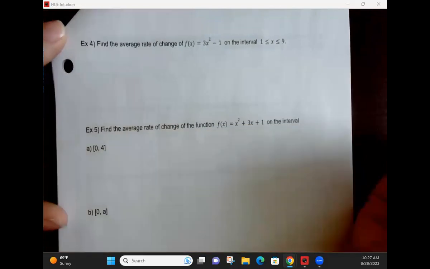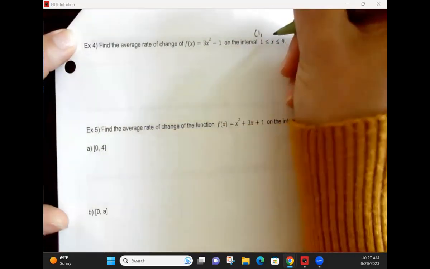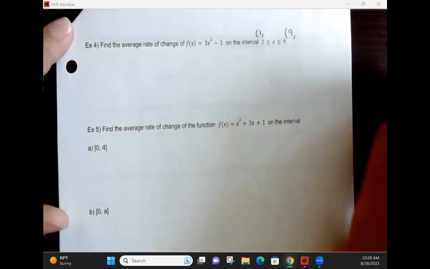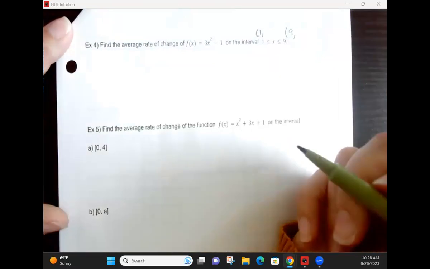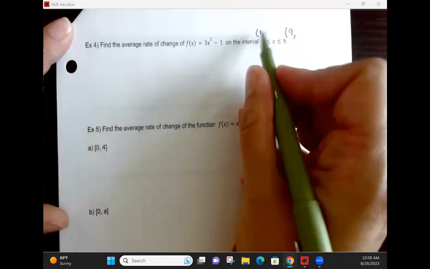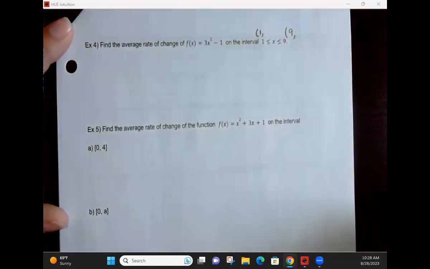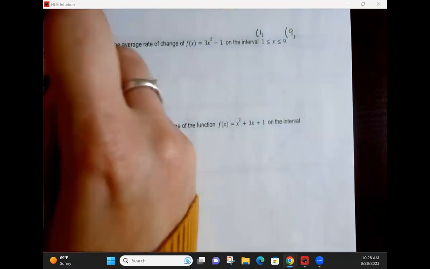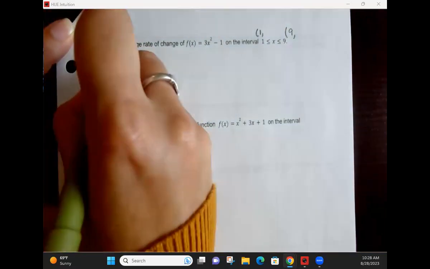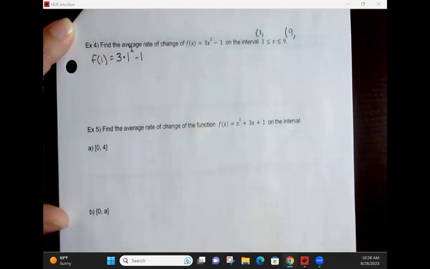Okay. I'm going to start by finding what those points would be. So 1, what, and 9, what. In order to figure out what those points would be, I need to use my function here. So I'm going to take my x values and plug them in to my function, see what their corresponding outputs are, see what their y's are. So f of 1 would be 3 times 1 squared minus 1.